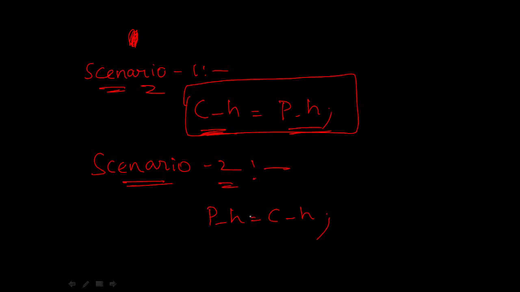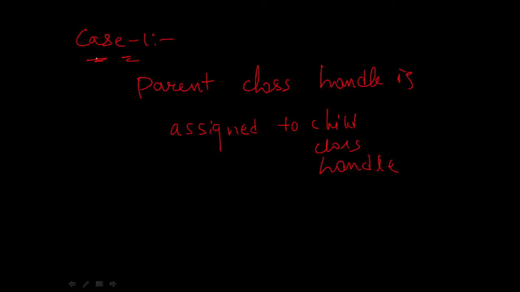And in case 2, the child class handle is assigned to the parent class handle. That is, the parent class is pointing towards the child class object. Okay, so these are the two cases. But in OOP, object oriented programming, there is a rule that only a child class handle can be assigned to a parent class handle. What is the rule?